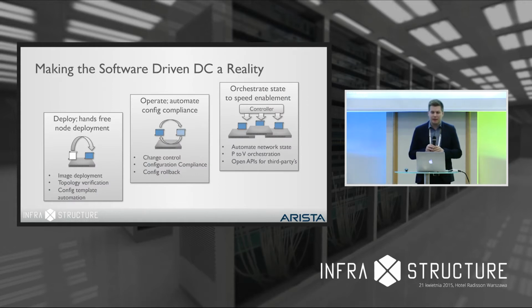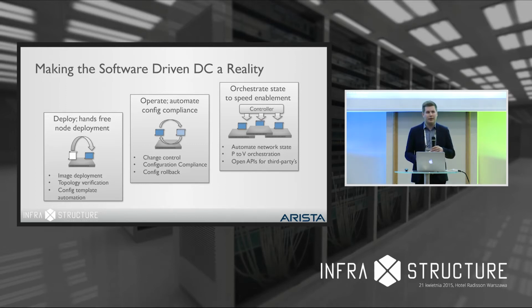So what I'd like to show you today is how we can make that automation a reality. I'd like to break that automation down into 3 parts. The first is what I call the day zero configuration. How do you initially deploy that network? Then, once it's up and running, how do you maintain that?